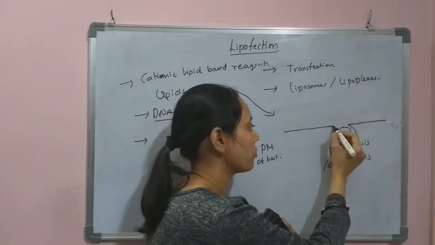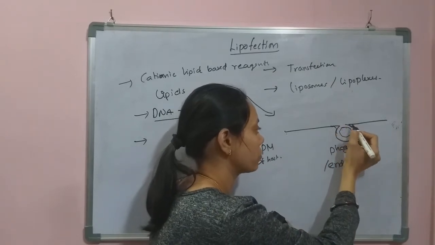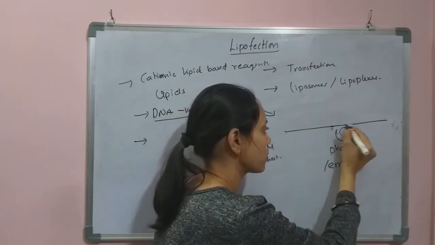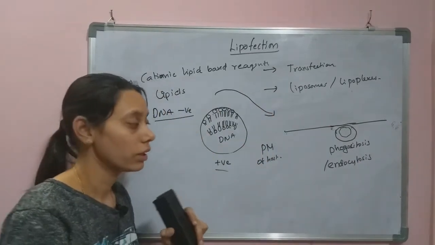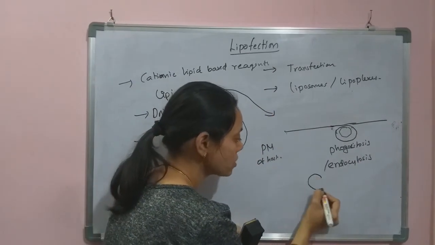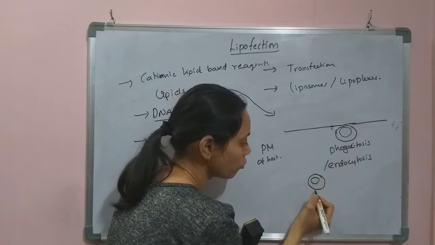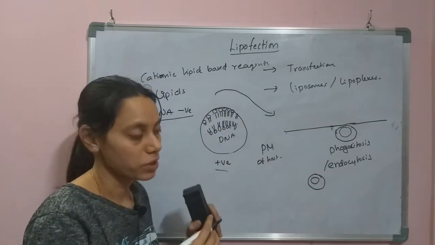This vesicle will be slowly pinched off from the plasma membrane, and eventually enter into the cytoplasm, this way forming an endosome in which the liposome is present.